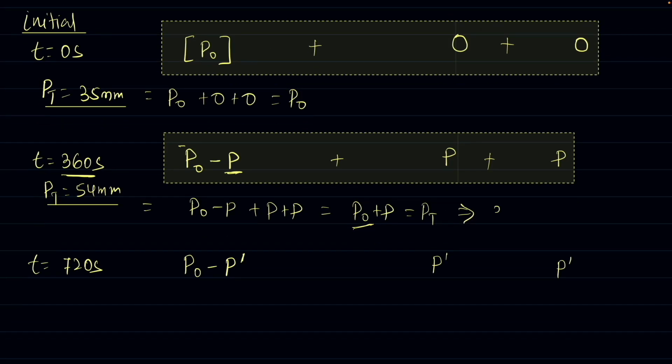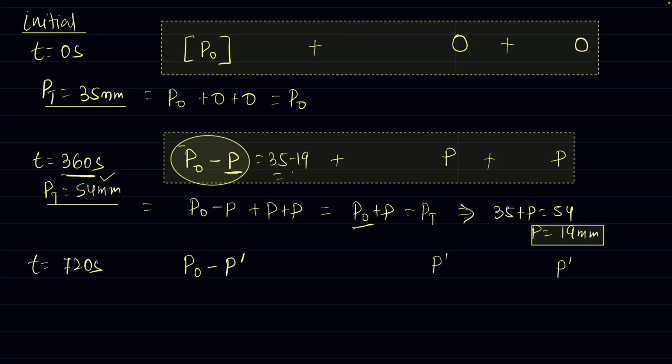So 35 plus P is equal to 54, so P is equal to 19 mm. Now we substitute it here. This is the pressure when the time is 360 seconds, so it's equal to 35 minus 19, which is 16 mm.